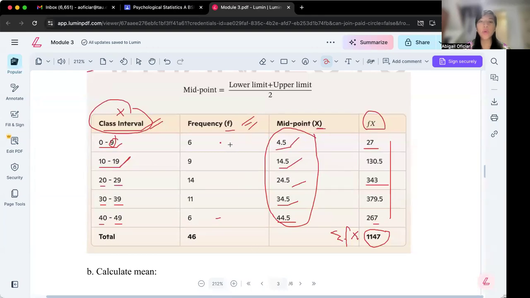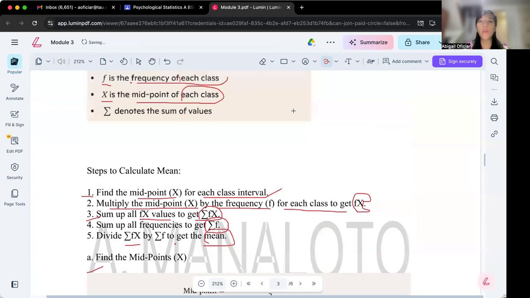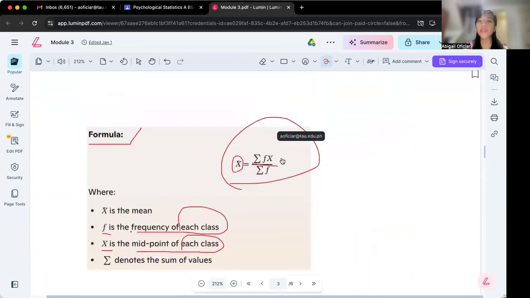Then we also have to compute the summation of the frequency. You add these up, and the answer is 46. So now we have the summation of f and the summation of fx, which are the values that we need for the formula.